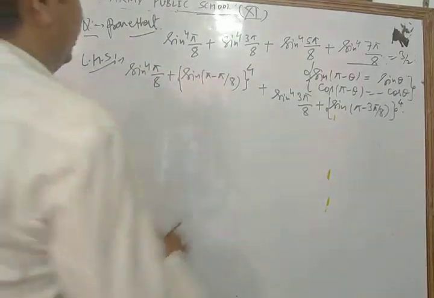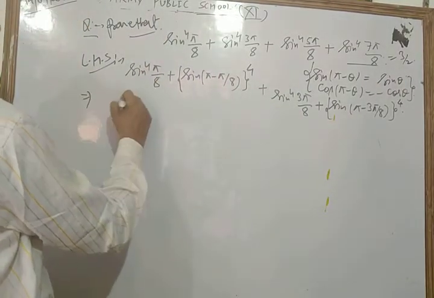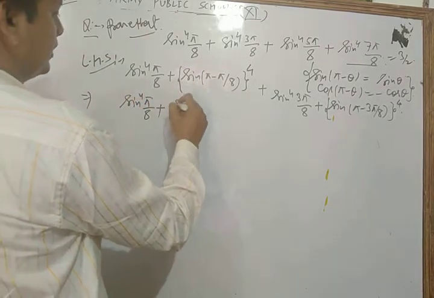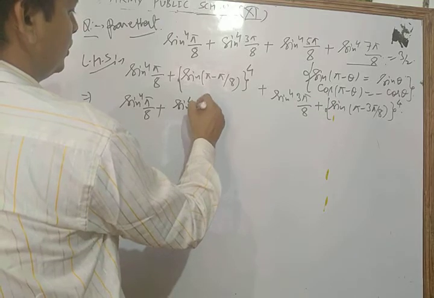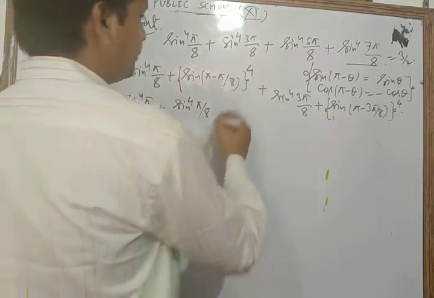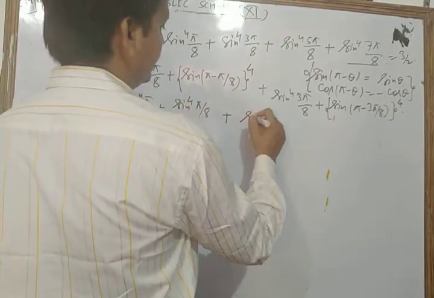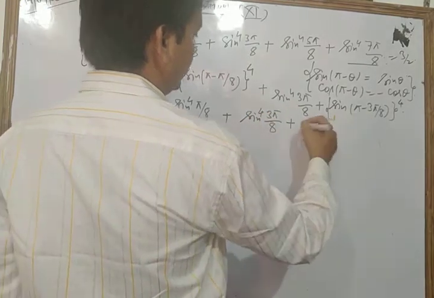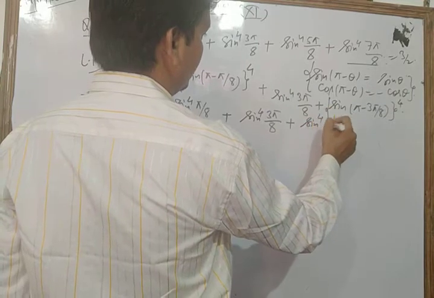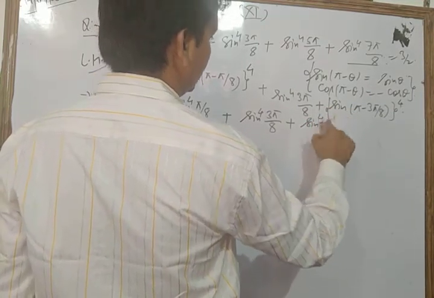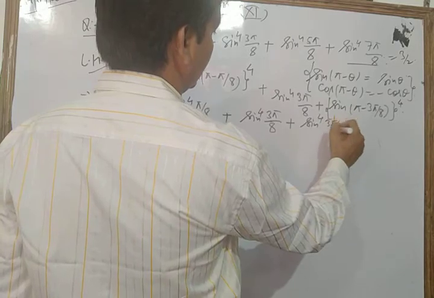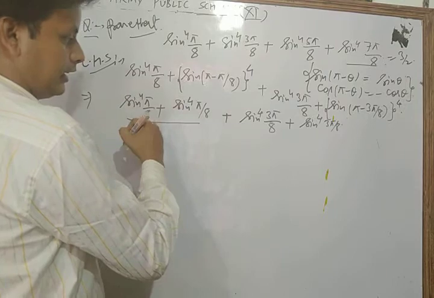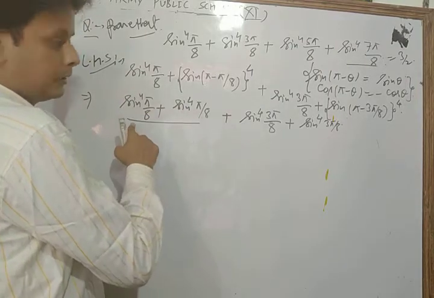So let's see, here we can write sine to the power 4 pi by 8 plus sine to the power 4 pi by 8, plus sine to the power 4 3 pi by 8 plus here also sine to the power 4 3 pi by 8.